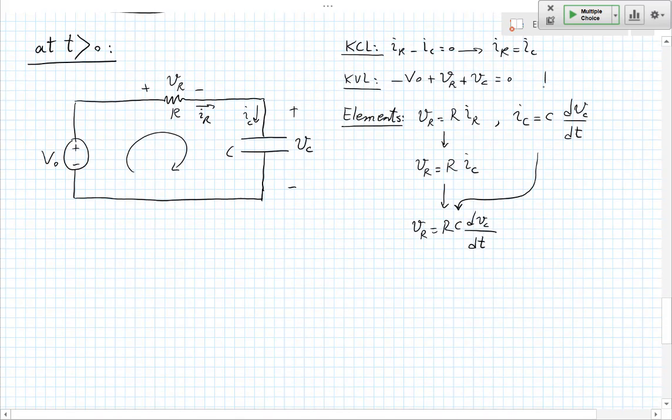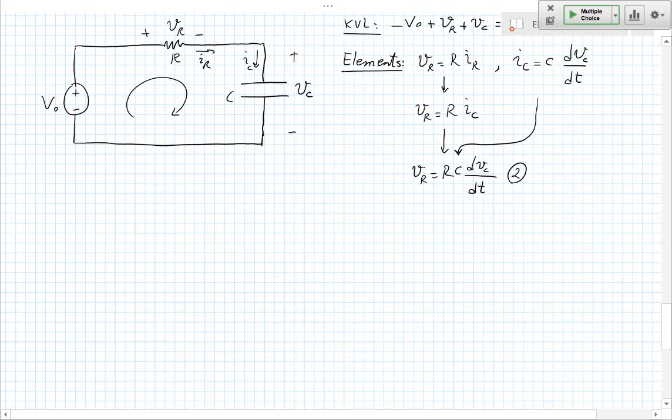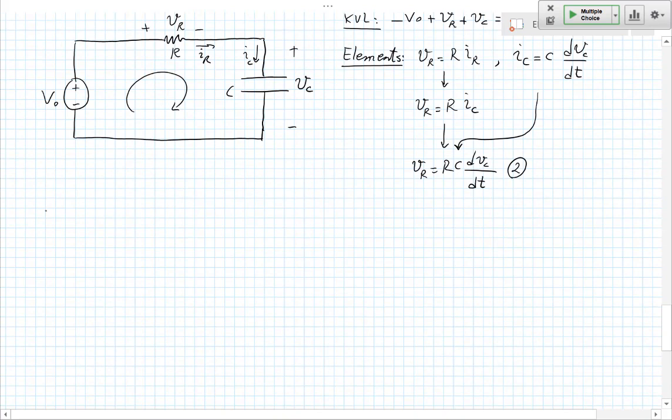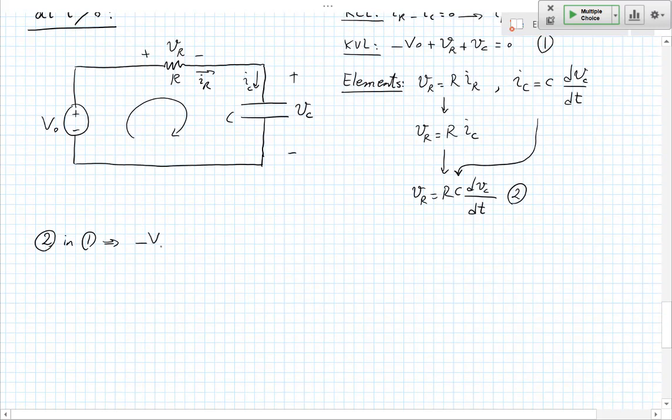Now, if I take my KVL, let's call that equation 1, and let's call this 2. Now, 1 and 2, or 2 put in 1, gives me minus V naught plus RC dVC by dt plus VC equals 0.